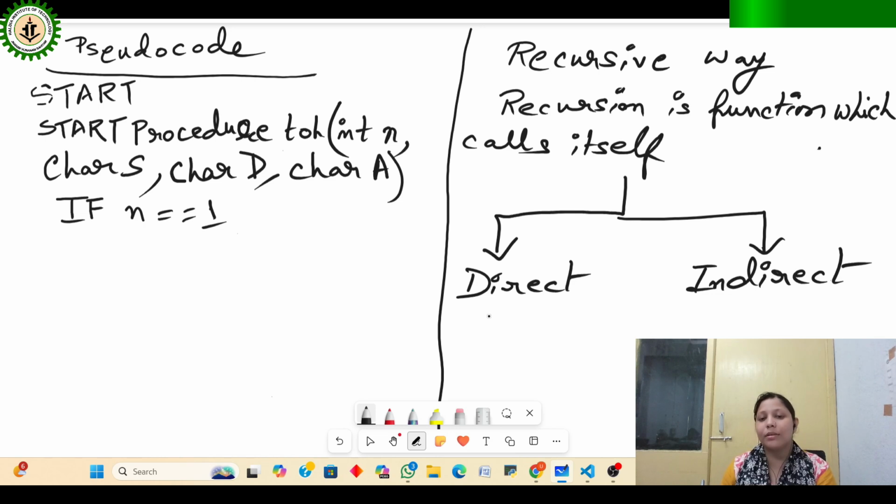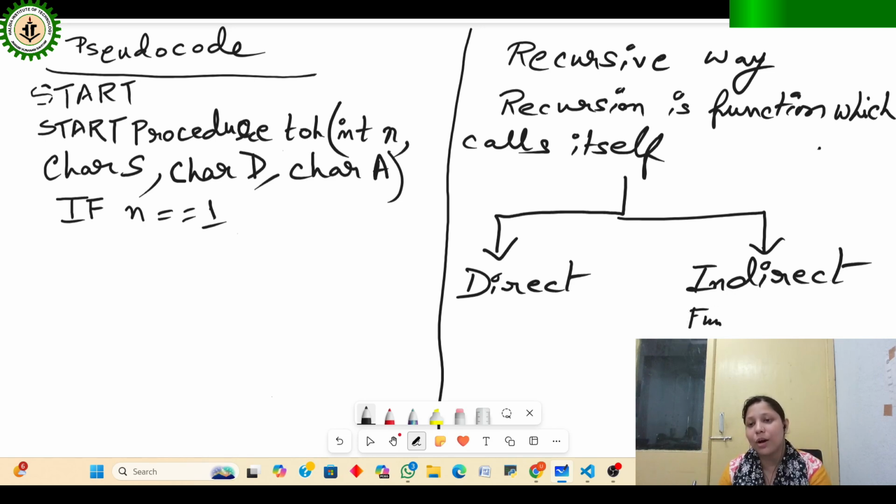Direct recursion means from the main function, the function will call another function, and inside that function, another function name will be there, the same as the function name itself, and it will call itself again and again. In case of indirect recursion, one function will call another function, not itself, and then again that function will call the first function.